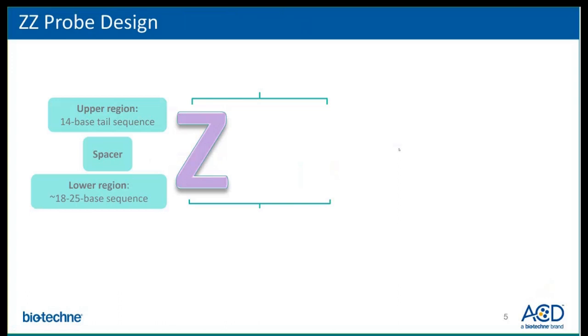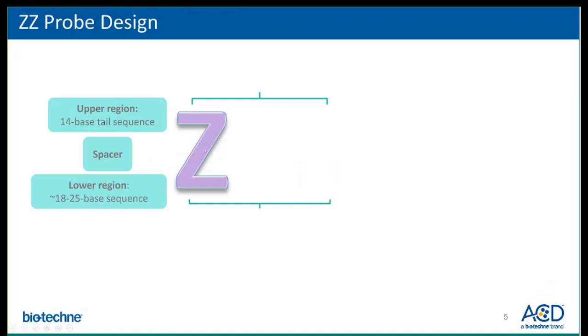More specific details about our assay is that it begins with a unique probe design for the detection of RNA. Probes are Z-shaped oligonucleotides, shown here, and composed of an 18 base sequence, as you can see in the lower region, and these are connected to a 14 base tail sequence via a spacer.